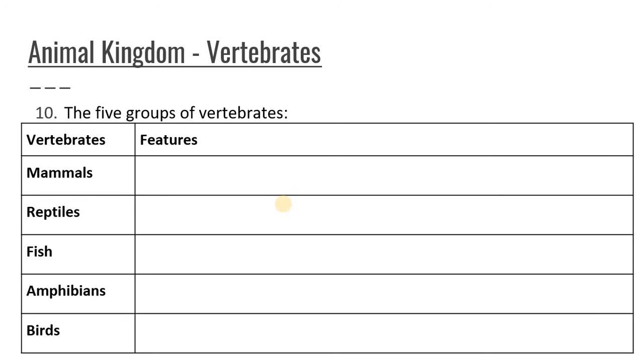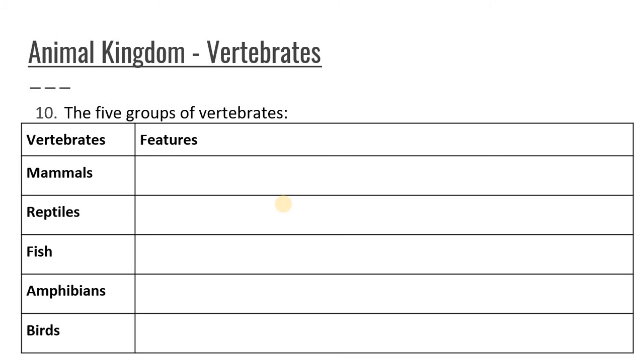For vertebrates, as I've mentioned, they are animals with a skeleton inside it, including a backbone. Vertebrates are further classified into 5 different groups, which we call mammals, reptiles, fish, amphibians, and birds.